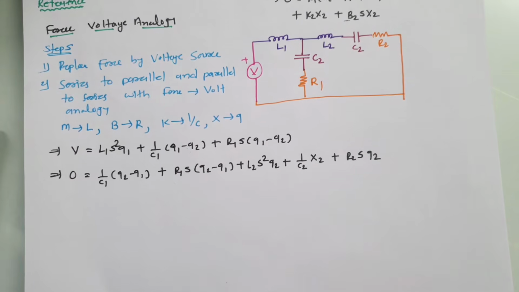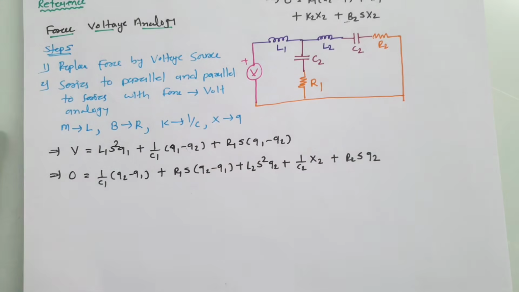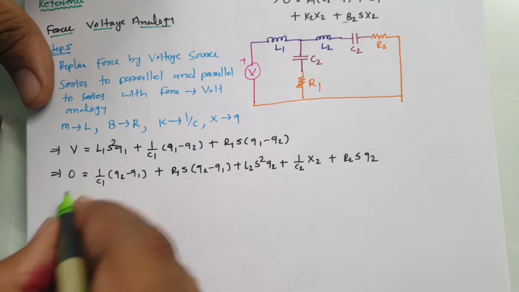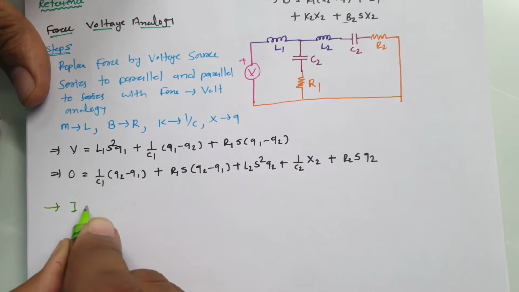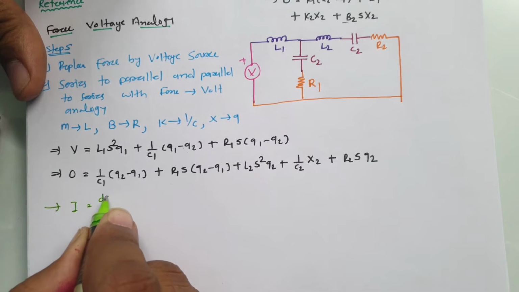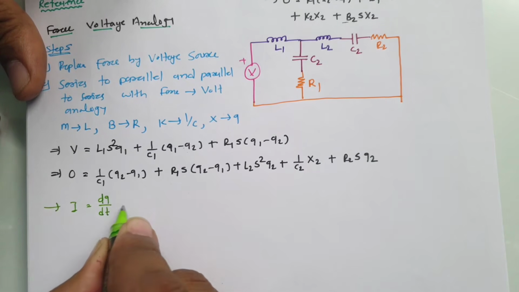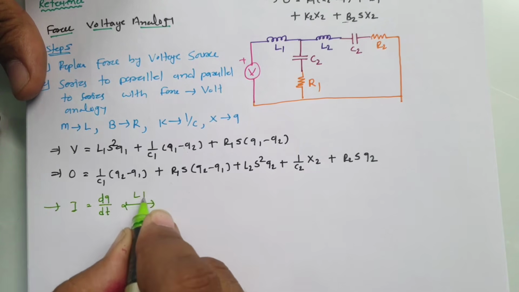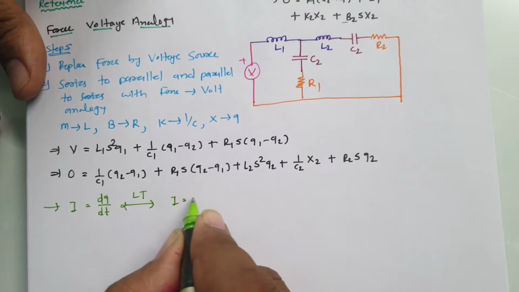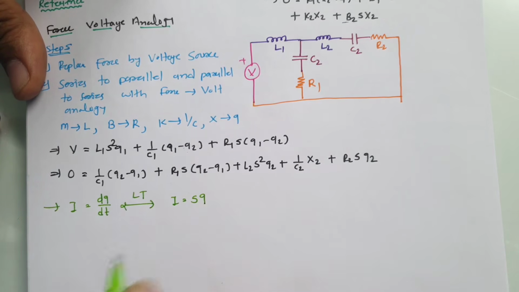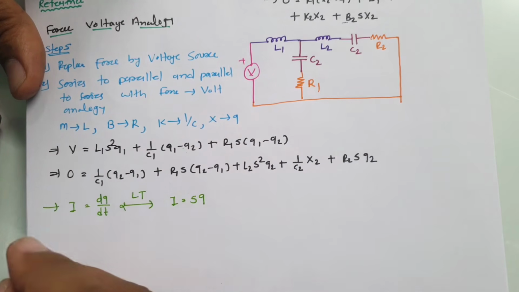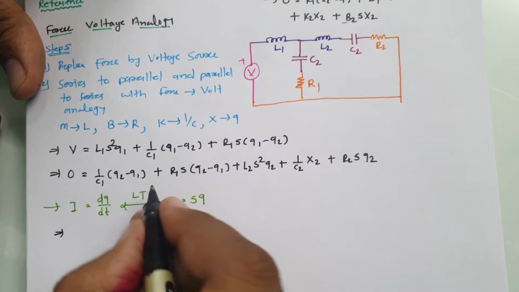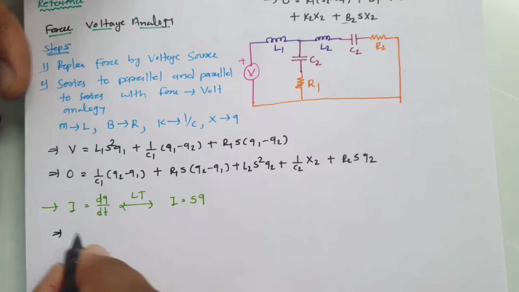And if we want to have these equations in the form of current, then as we know, current I is dq by dt. So in Laplace transformation, I is equal to S into Q. If you replace that in these two equations, then we have the equation in the form of current.